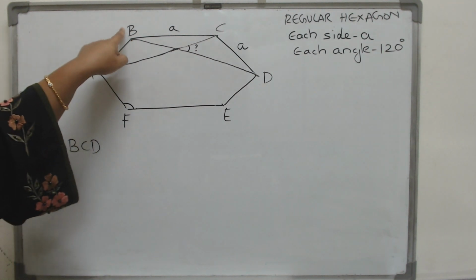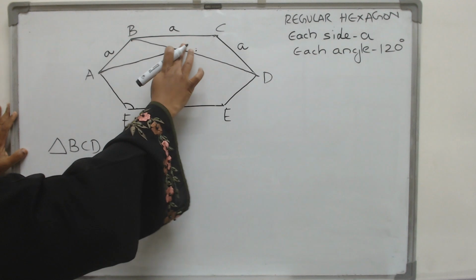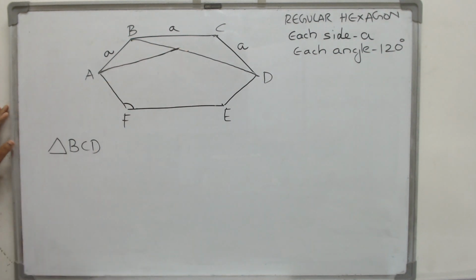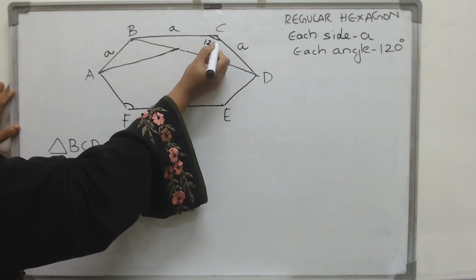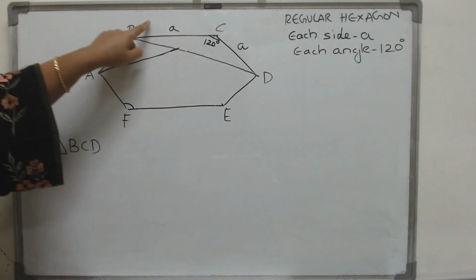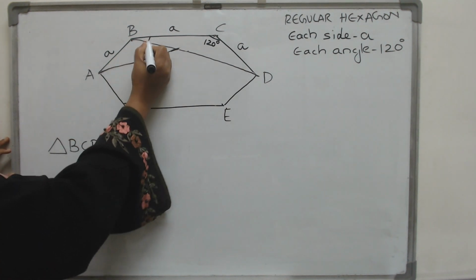Now start with triangle BCD. I will just remove this line segment here. What sort of a triangle do you see? It is an isosceles triangle. Each angle is 120, which means here you have 120 degrees. Two equal sides means two equal opposite angles.